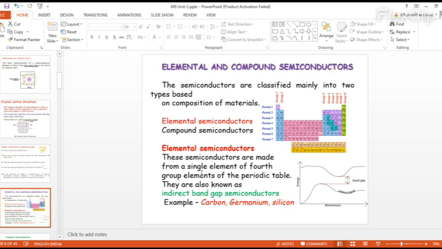They are also known as indirect bandgap semiconductors. When you see this fourth group, carbon, silicon, and germanium are the most commonly used elemental semiconductors. You can see their bandgap structure.